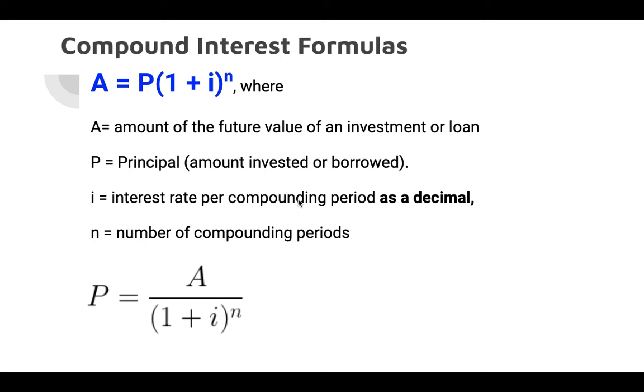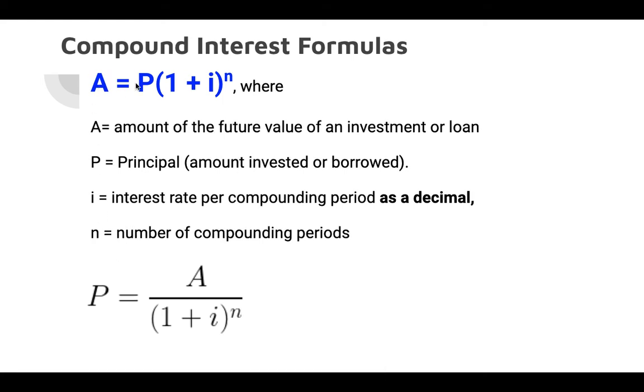And we're going to go over that again because I think that caused some confusion last cycle. Remember, that needs to be a decimal. And then n is the number of compounding periods. So this is the equation to find how much an investment might be worth after a certain amount of time.